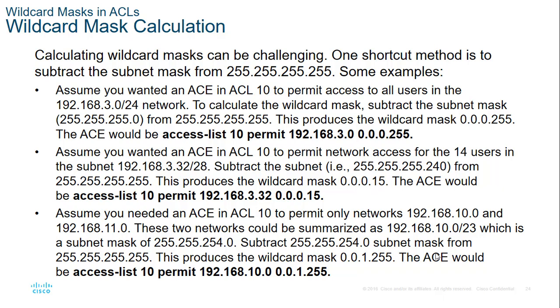With your /28 subnet mask, you want the last 14 users. So your subnet mask would be a /28, which is 255.255.255.240. Then you subtract that out from 255.255.255.255, and you would have 0.0.0.15.